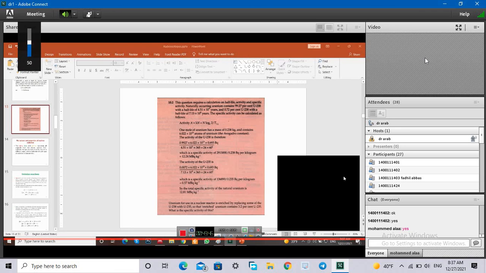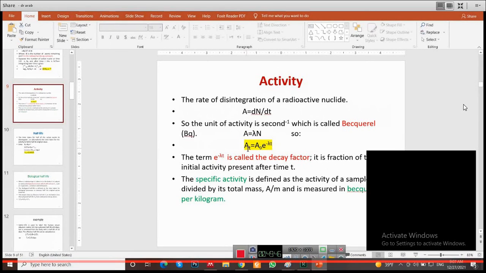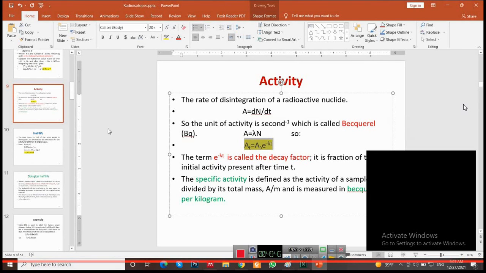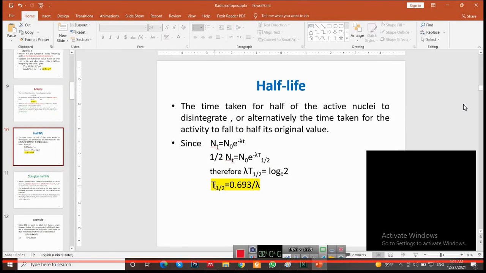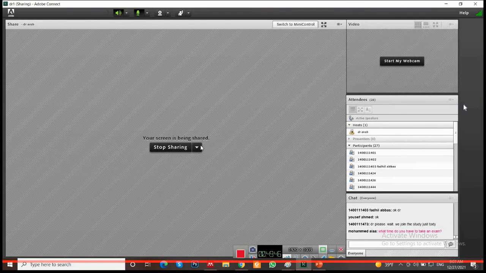For activity, it is important to use this equation, which is very, very important for calculating each activity. We should use two equations.